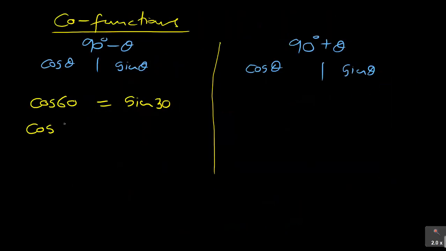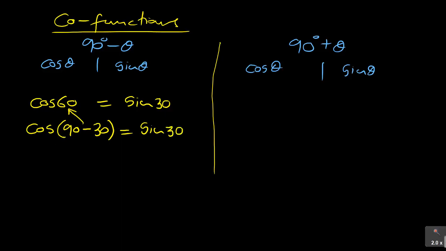So if I say cos 90 minus theta, which angle must I subtract from 90 to get 60? It is 30 degrees. So cos 90 minus 30, so 90 minus 30 is this 60 degrees, right? So cos 90 minus 30, remember we said this was sine 30.